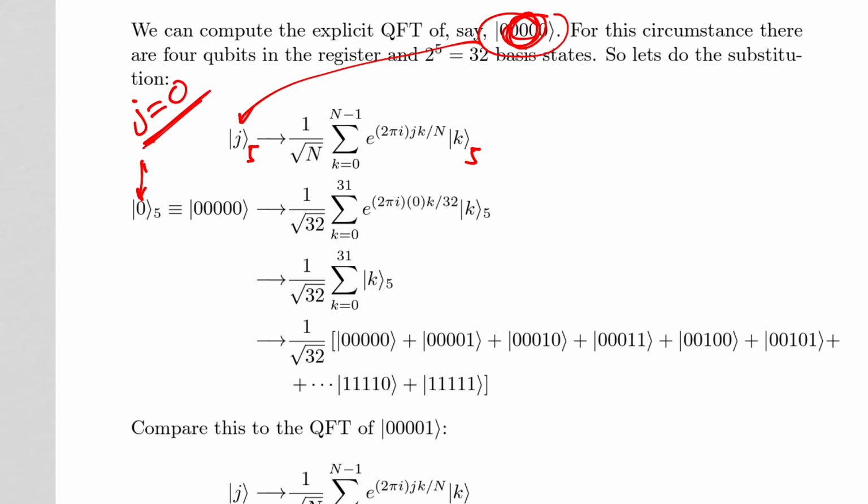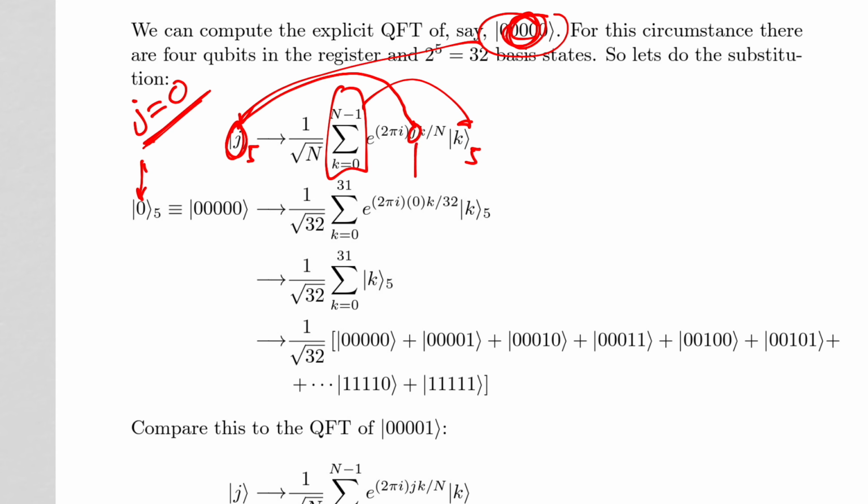Okay, so we're going to sum over all 32 basis states. So k is going to get summed over a lot. And this base 10 number j is going to land right here inside the argument of the exponent. And in this case, j is 0.